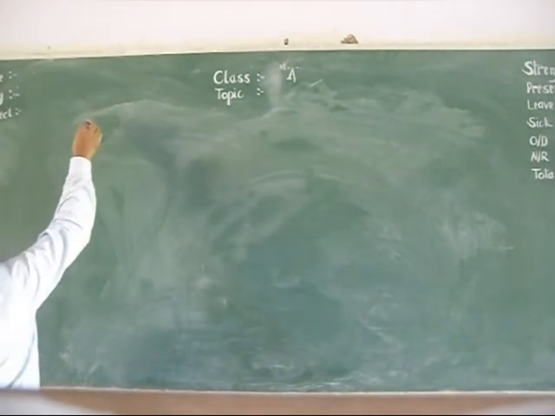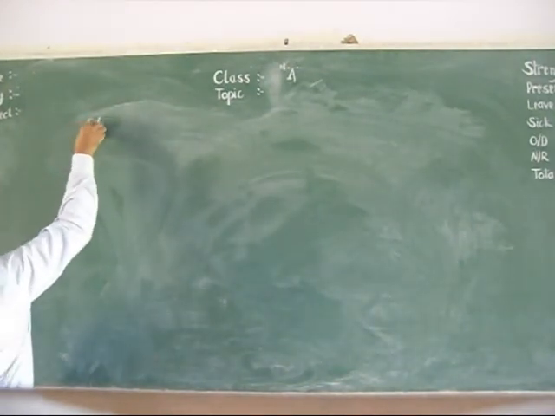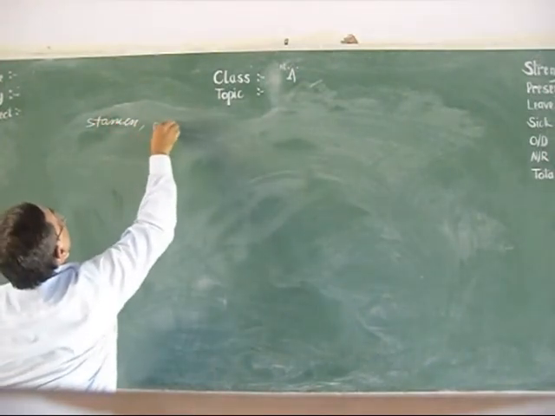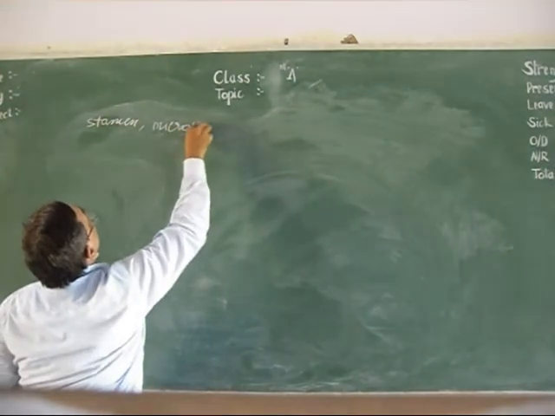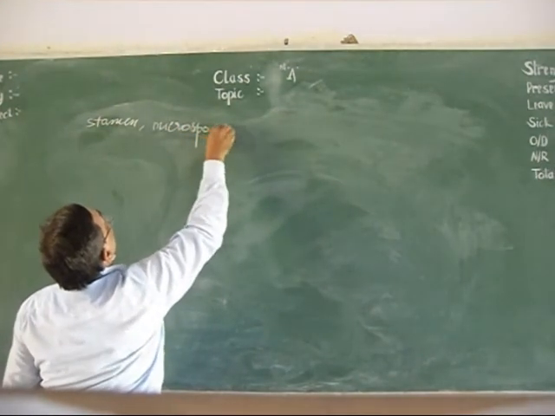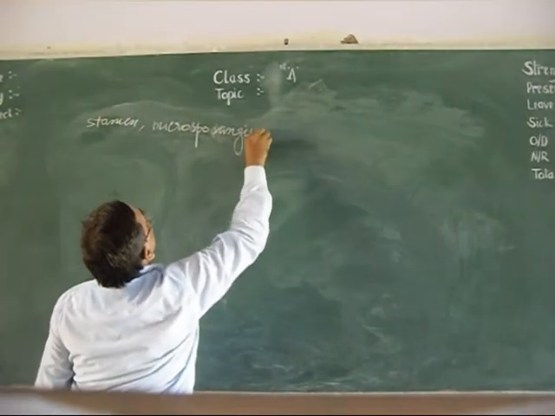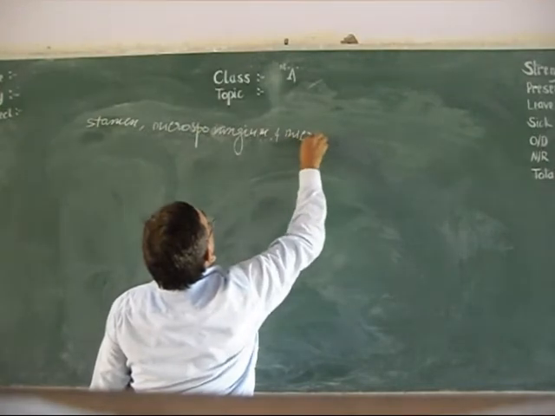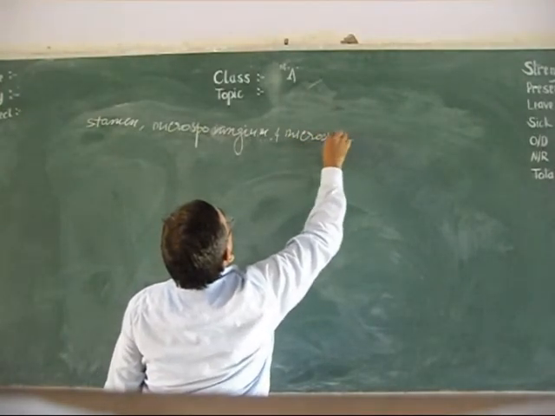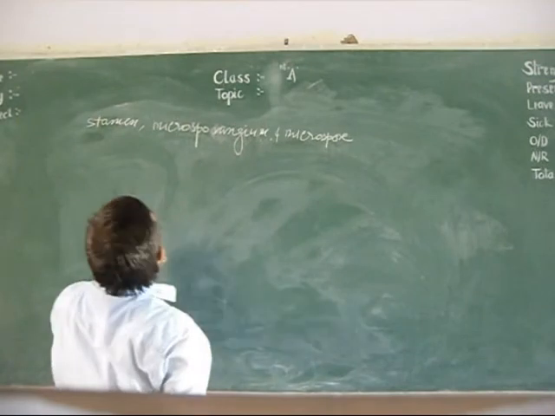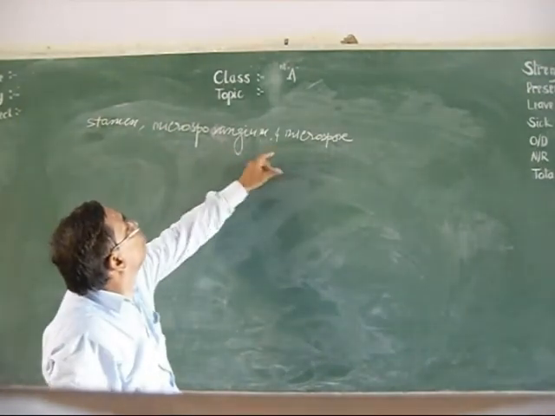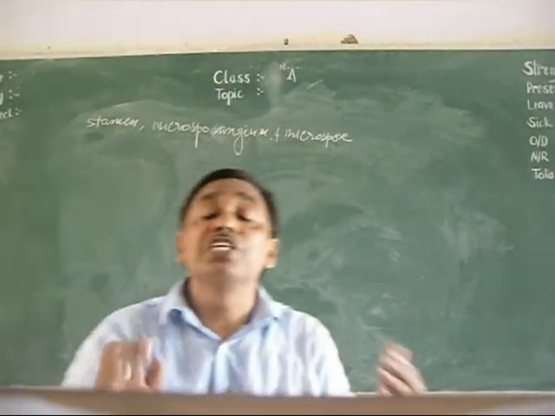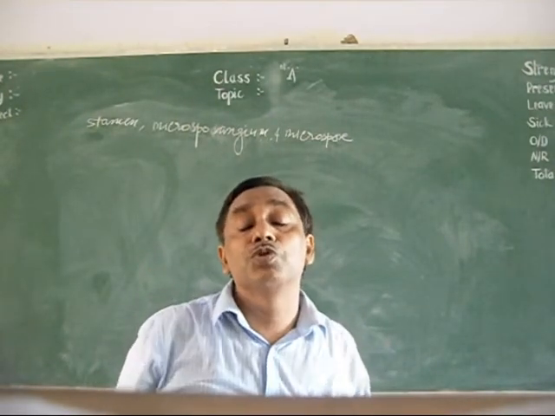So, the stamen, microsporangium, and microspore. Microsporogenesis is the formation of microspores in the microsporangium. The process of production of microspores in the microsporangium is called microsporogenesis.